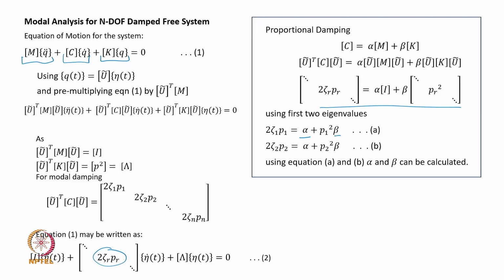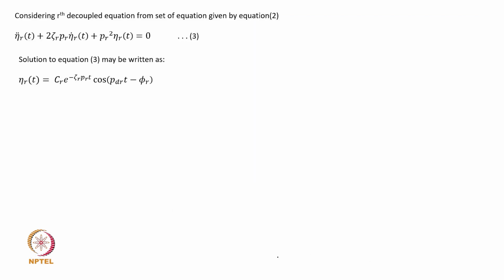Through the diagonalization, each equation is going to be almost similar to a single degree of freedom system. So once they are diagonalized and decoupled that way, each equation can be written in this form. The rth row equation turns out to be this, and the standard solution for such a single degree of freedom system is given in a standard form. That also we discussed: it is going to be C_r e to the power minus zeta_r p_r t cos(p_dr t minus phi_r).